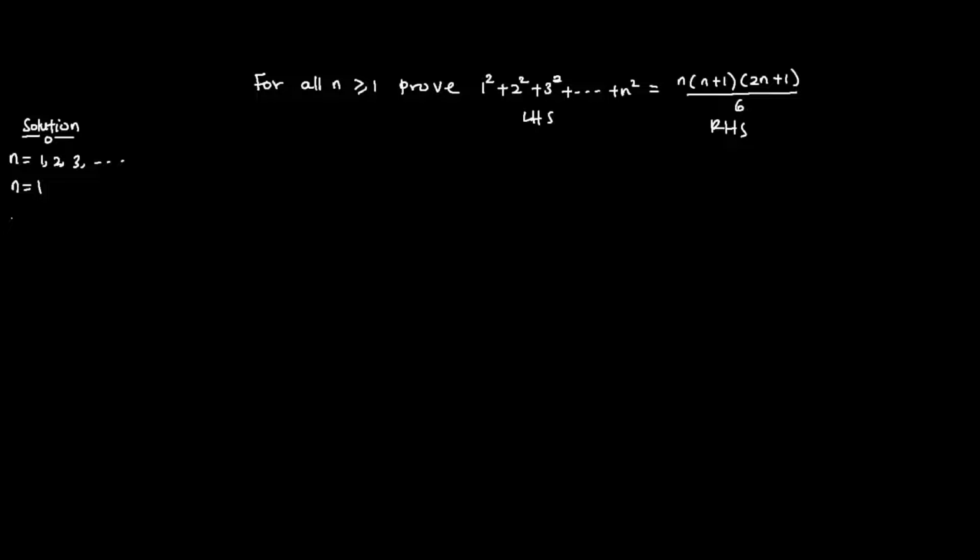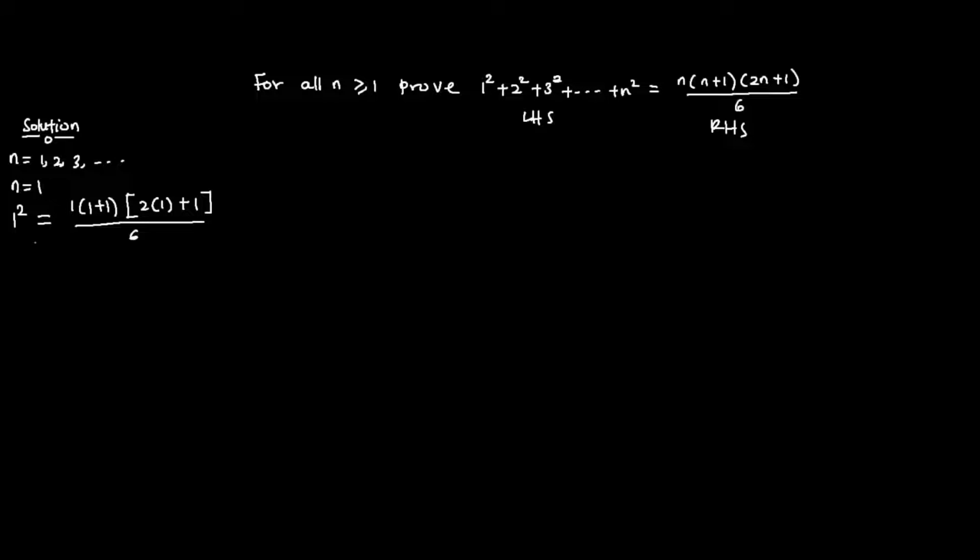So when n equals 1, we consider the first term in the series, which is 1 to the power 2, and that should be equal to the expression on the right hand side when you substitute n equals 1 into it. So you have 1 times bracket 1 plus 1, multiplying 2 times bracket 1 plus 1, and you divide all this by 6.